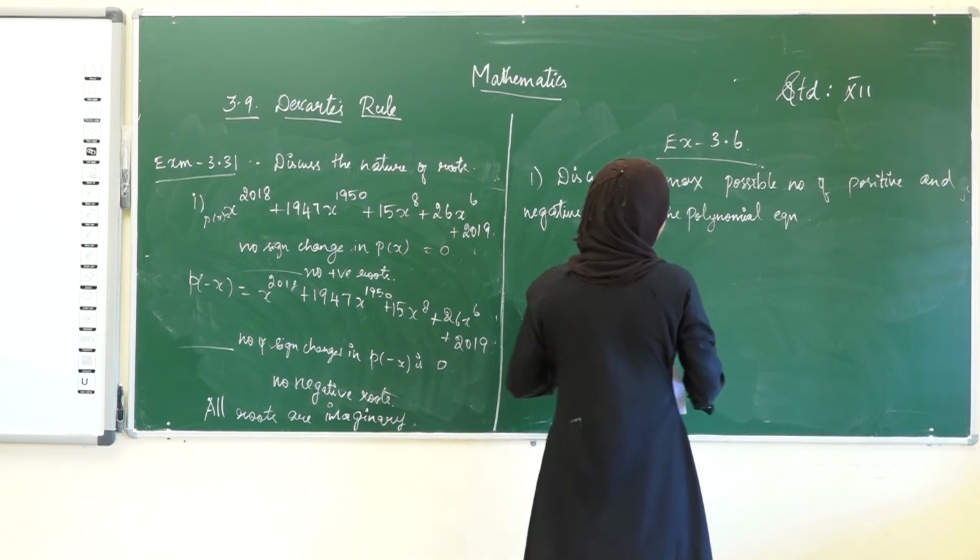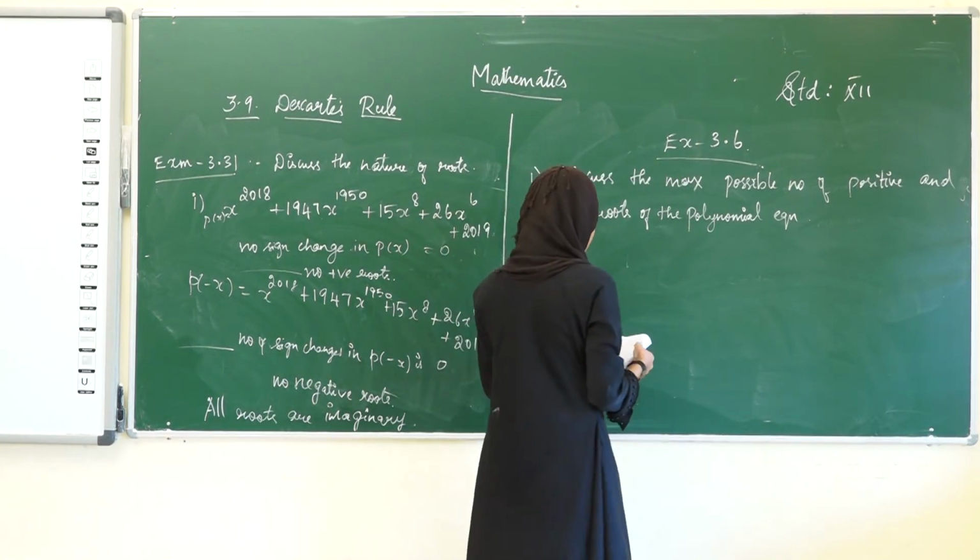We have to find the maximum number of positive and negative roots of the given polynomial equation.